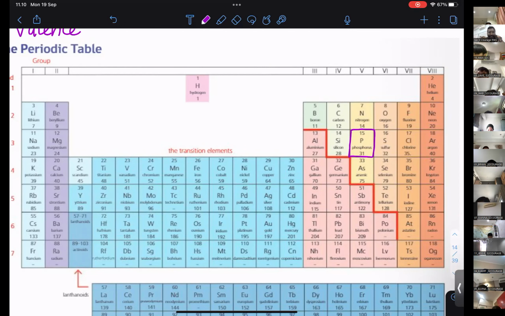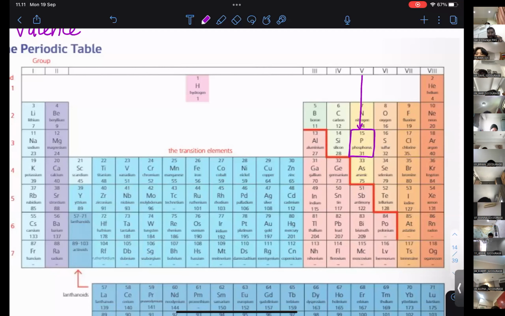Now, Max, tell me what is going to be the valence electron for phosphorus. 16. Why? Valence electron. Just look at the group.